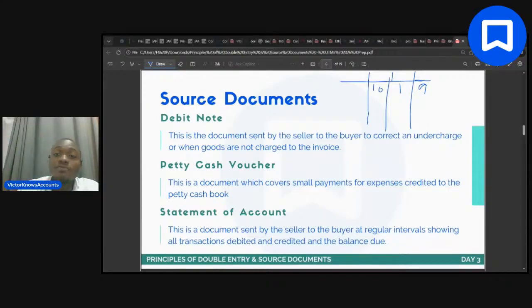So if I buy another goods, a wardrobe, and I do not pay anything, this has increased to what? 12 plus 9. It has increased to 21. And so on and so on, and then it increases like that.